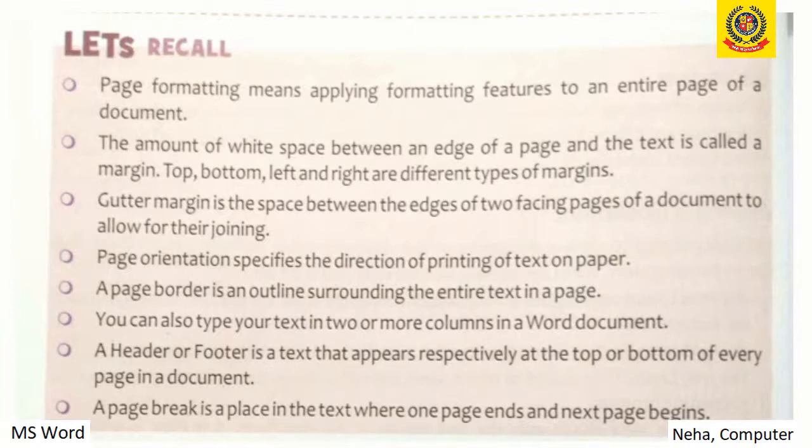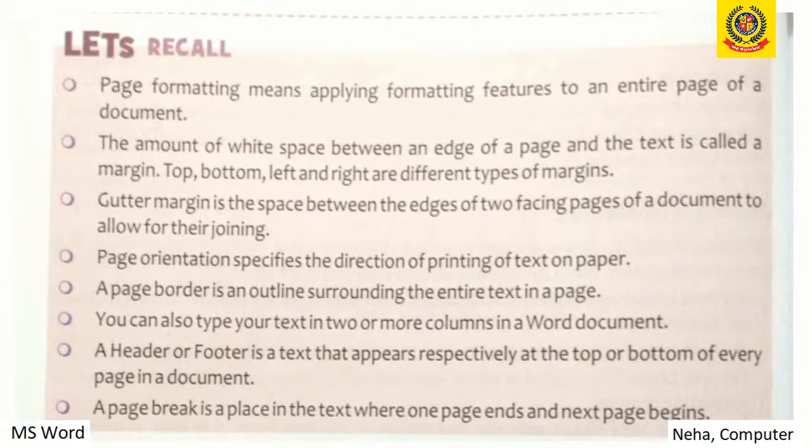Next, the amount of white space between an edge of a page and the text is called a margin. The different types of margins are top, bottom, left and right. That means when we write a document, some white spaces are left around it. So that is called margin.